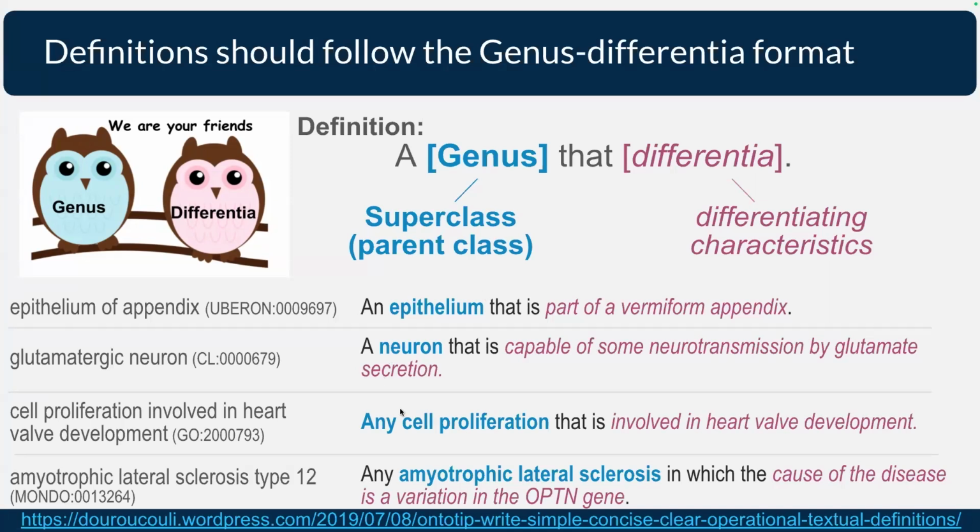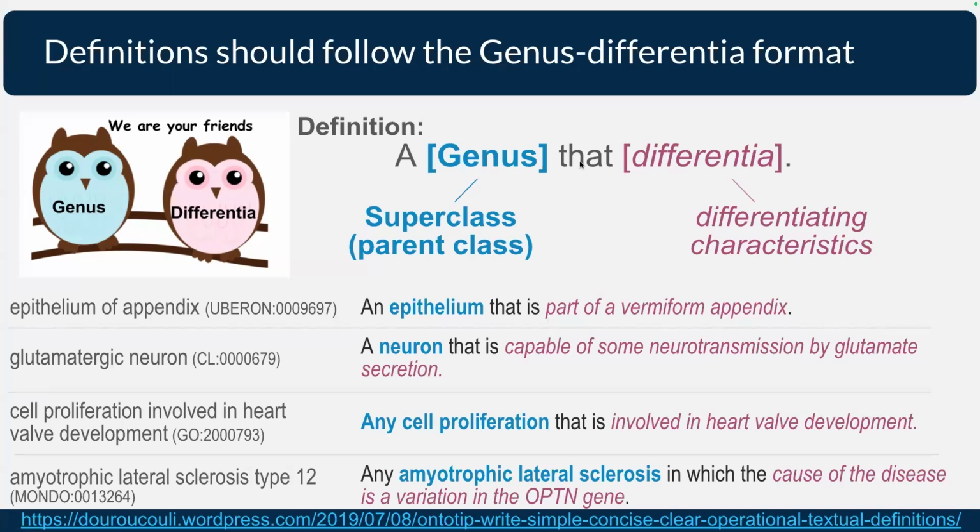So you can see genus: what is the superclass, what is the parent class, and differentia: what are the differentiating characteristics for this term, for this concept. You can see that there's a little bit of variation.